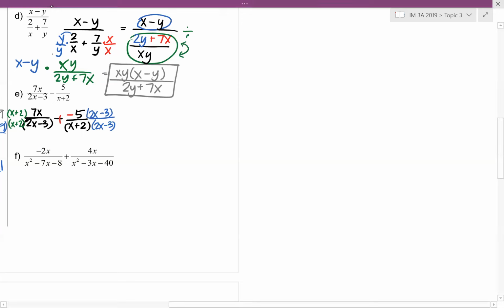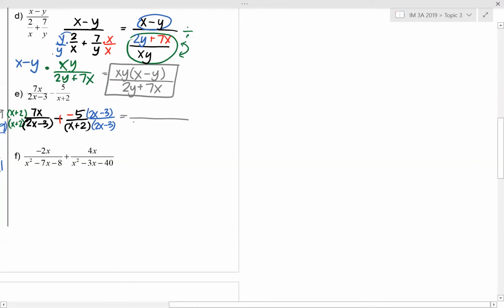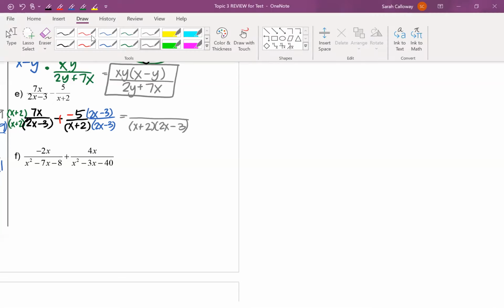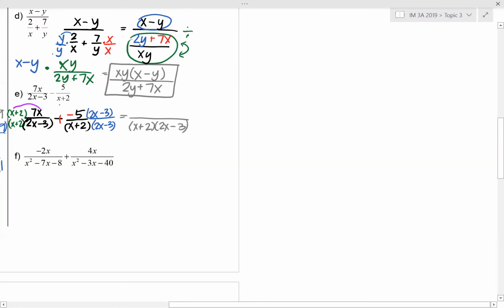Remember that when we're adding and subtracting, we leave our denominator factored because our ultimate goal is to be able to factor the numerator and reduce if it's possible. And so for this one, I have to distribute 7x into x plus 2. So that's going to give me 7x squared plus 14x.